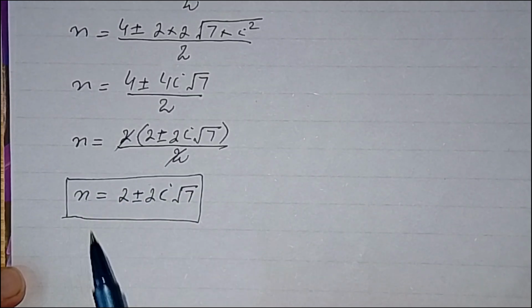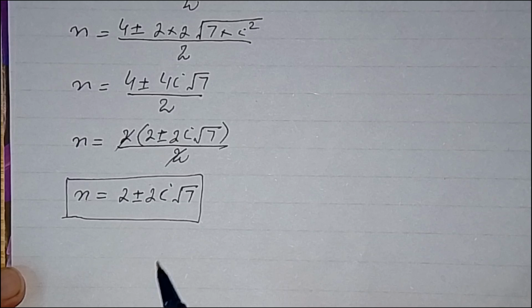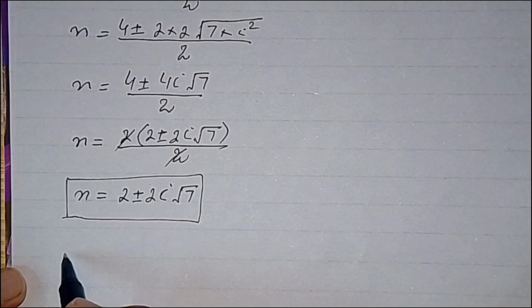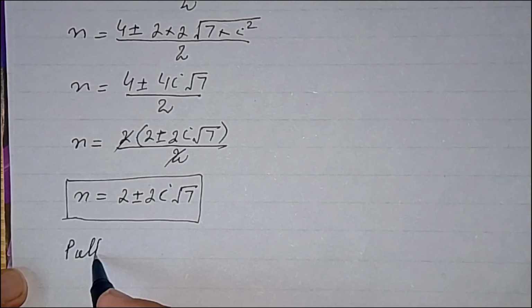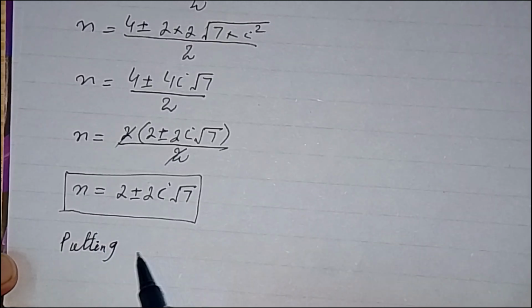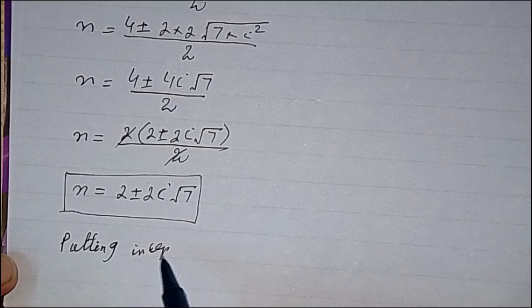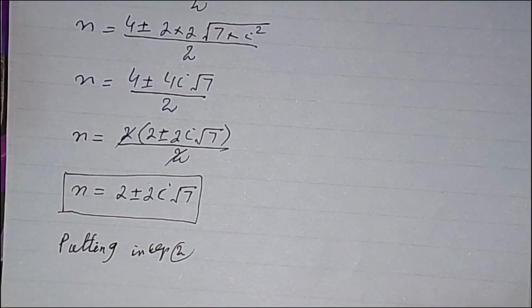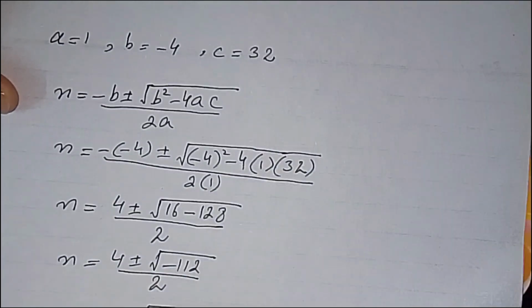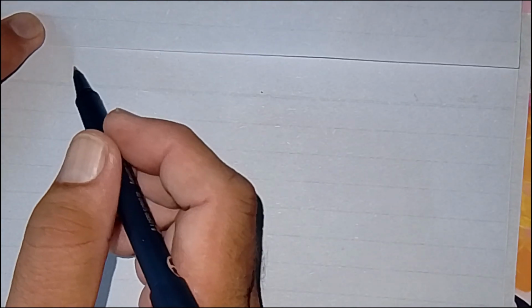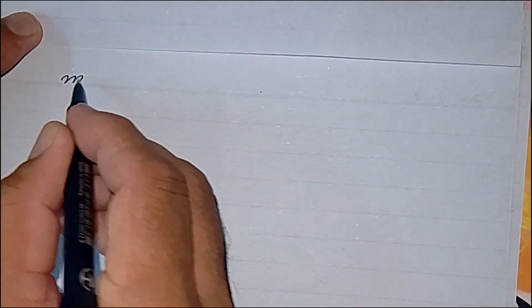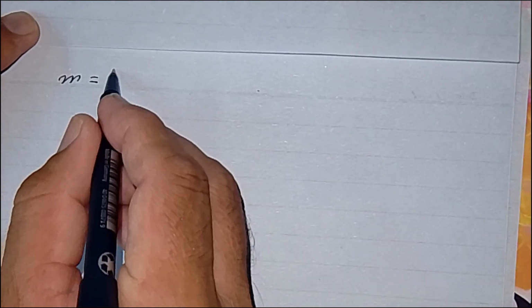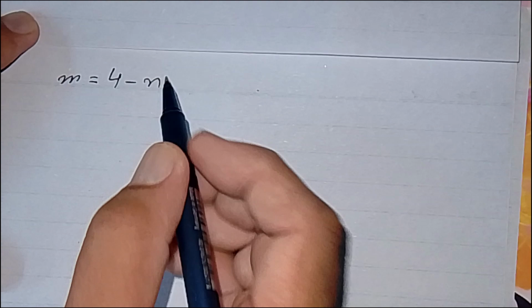Now we solve for m. Putting in equation 2, m is equal to 4 minus n.